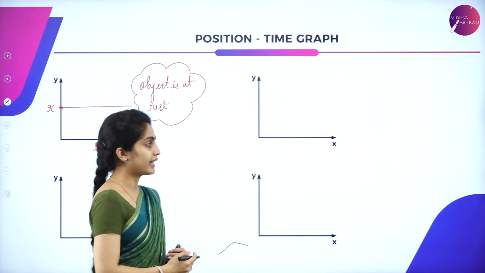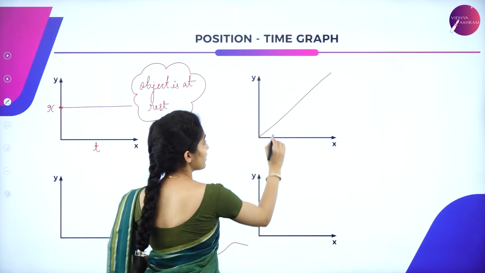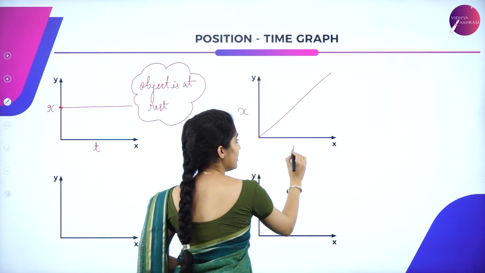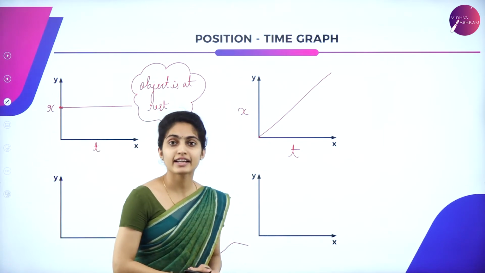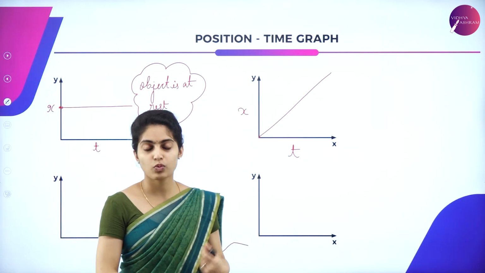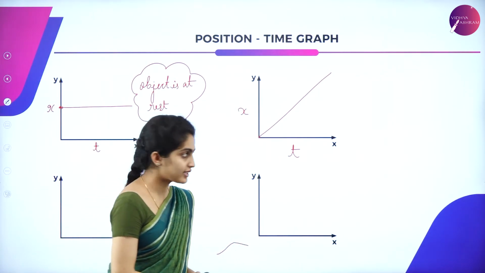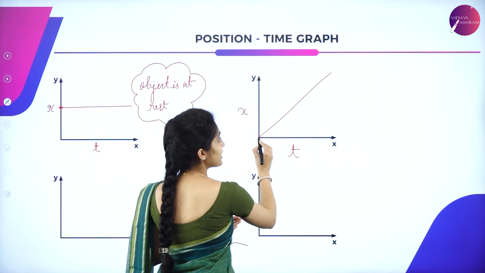Coming to the second graph, it is a position time graph, and the graphical representation is that the line is inclined on the x-axis. So what does this suggest? What does this represent? As the time increases, it gives a straight line.